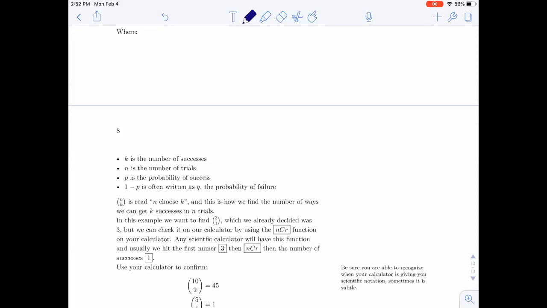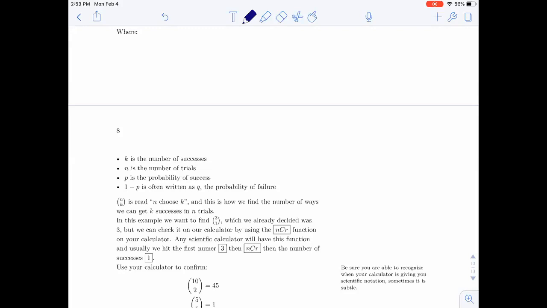So if we want to do 3 choose 1, in 3 trials, how many ways can I choose 1 success? That's what we did before, and we found there's 3 ways. So what we can do is we can do 3 on the screen, and then second plus sign for the choose function on this calculator, because it's not that good besides for business math.